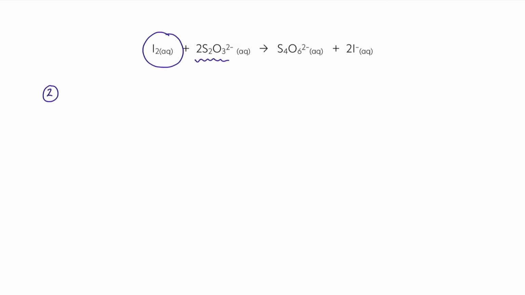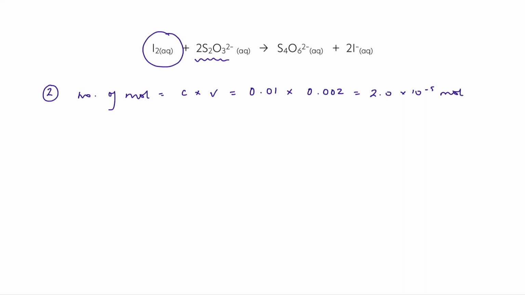So, to find the number of moles of sodium thiosulfate, once again, exactly the same, number of moles equals concentration times volume. Concentration was 0.01 mole per decimeter cubed, and we added 2 centimeters cubed, 0.002 decimeters cubed, so the number of moles is 2.0 times 10 to the minus 5.